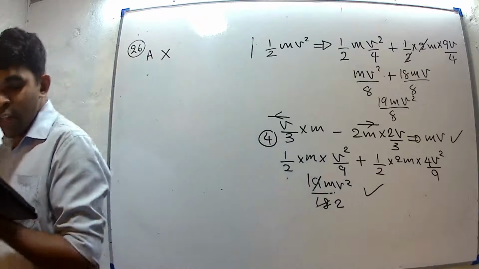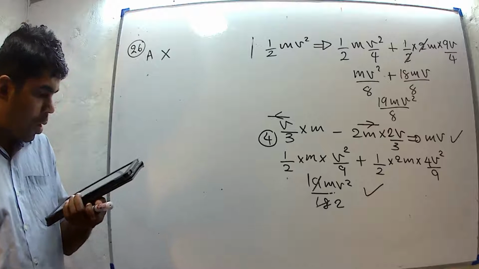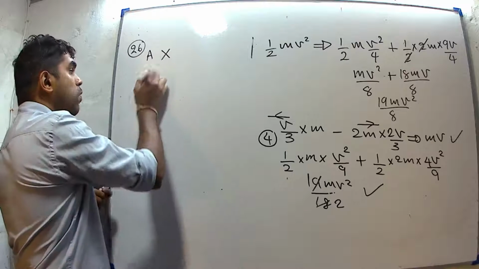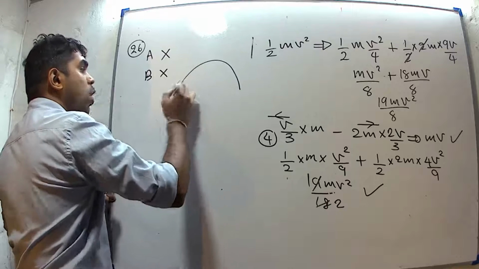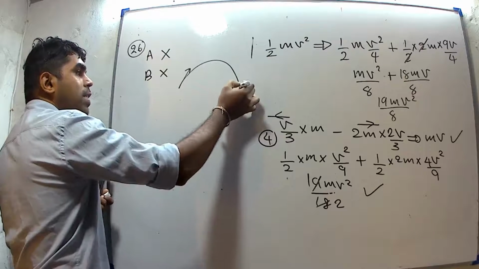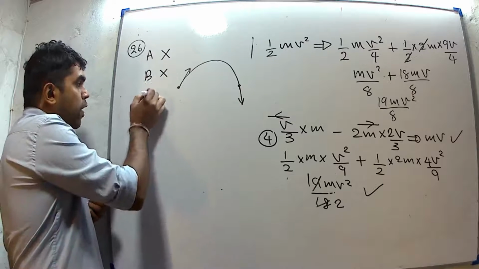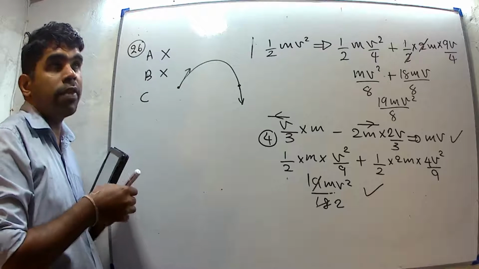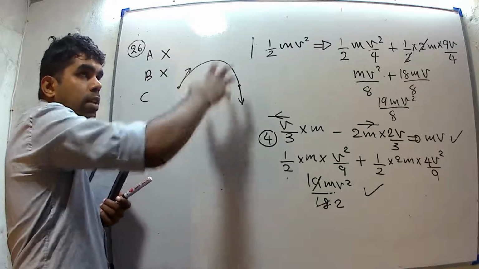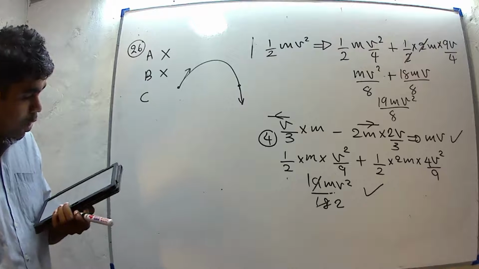B: The velocity of the ball at point B is equal to the velocity of the ball at point A. No, it is also false, because the velocity of the ball at A is in this direction and the velocity at this place is in this direction. They are in different directions. Therefore the velocity is different, but the speed is the same.